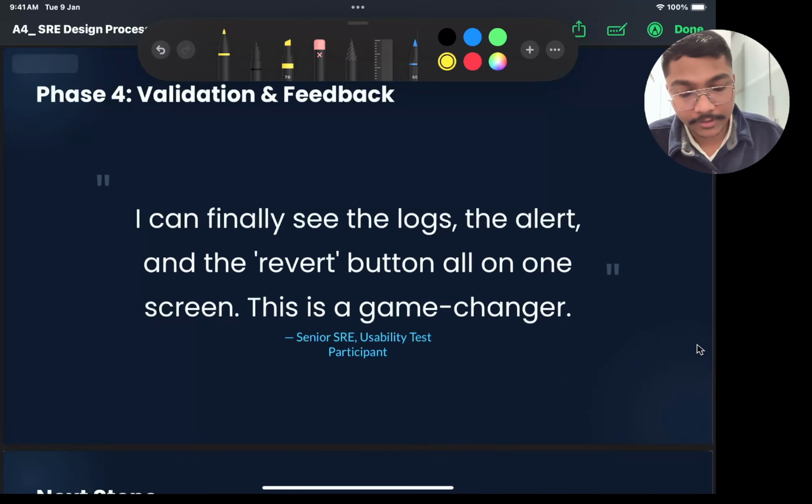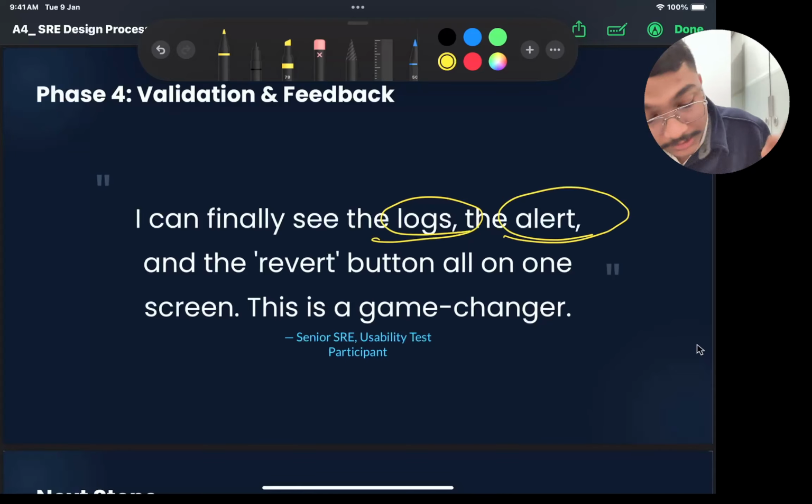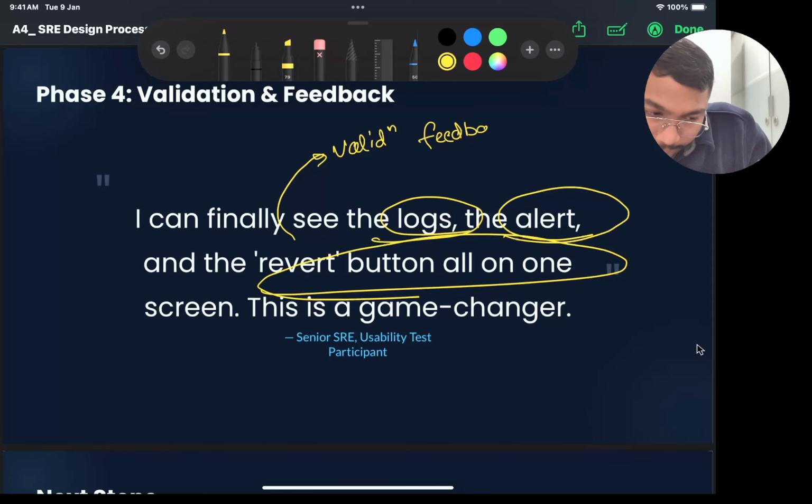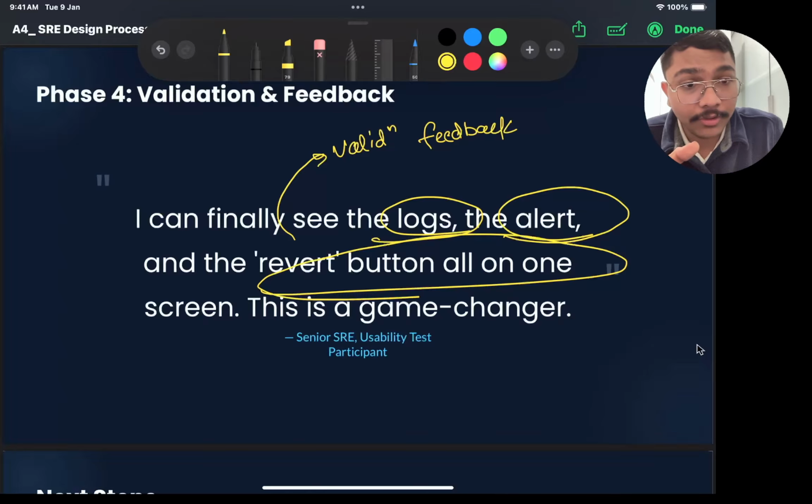Validation and feedback. Okay, I can see the logs, I can see the alert, I have the revert button. So what's missing here? A validation, a feedback. Okay, this is the error. Suppose something is going down, so I can come up with lots and lots of theories that due to this it might go down.